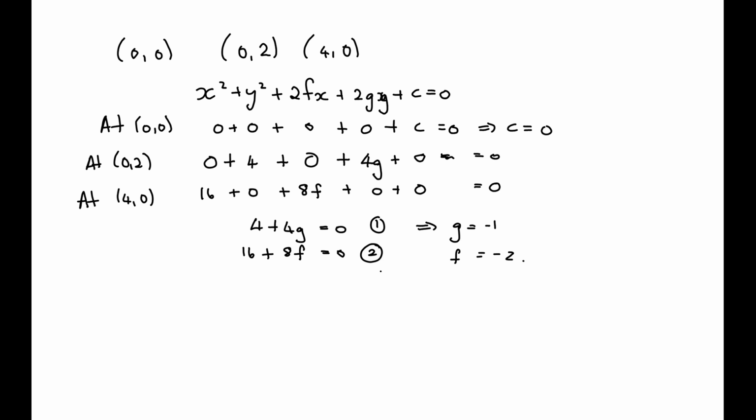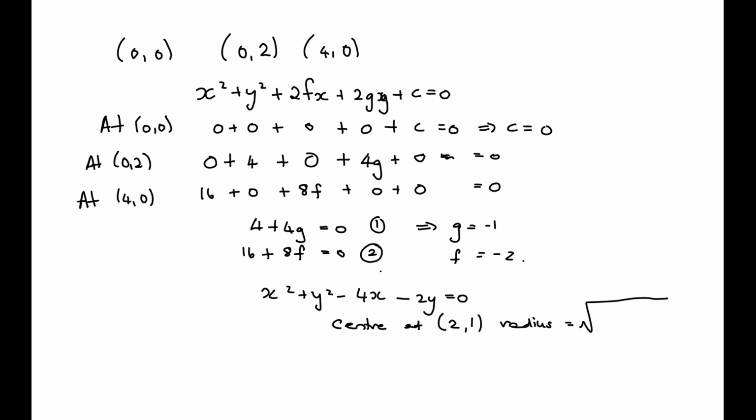Now, if we put all of those back in our original one, then the equation will be x squared plus y squared minus 4x minus 2y is equal to 0, and it will have a centre at -f, which would be 2, and -g, which would be 1, and the radius would be the square root of 2 squared plus 1 squared, and then c is 0, so that's not important in this case, so it's the square root of 5.